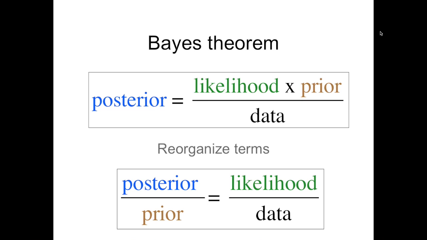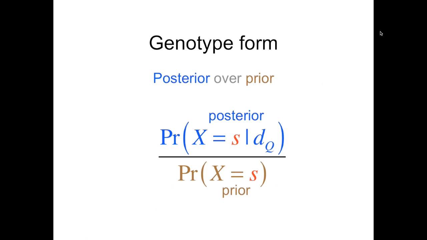If we divide both sides by that prior probability of a genotype and reorganize, then you see, moving that brown from the top right to the bottom left, we have the ratio that the posterior over the prior genotype probabilities is equal to the likelihood over the data. Well, we just had the likelihood over the data. And so in this way, the genotype form becomes the posterior probability over the prior probability. And that's what I've written over here.